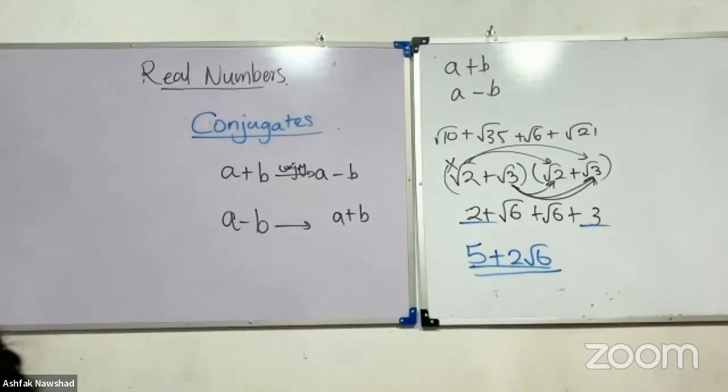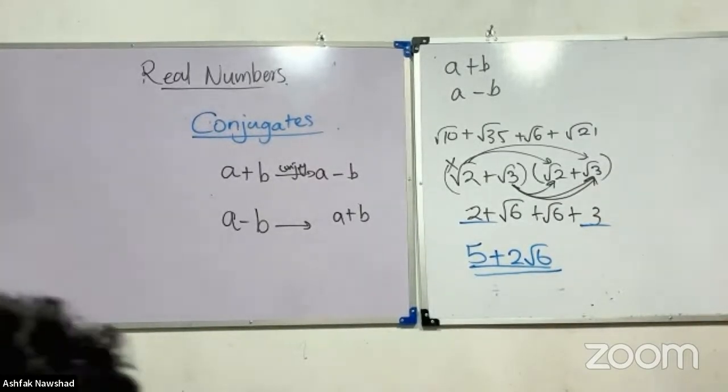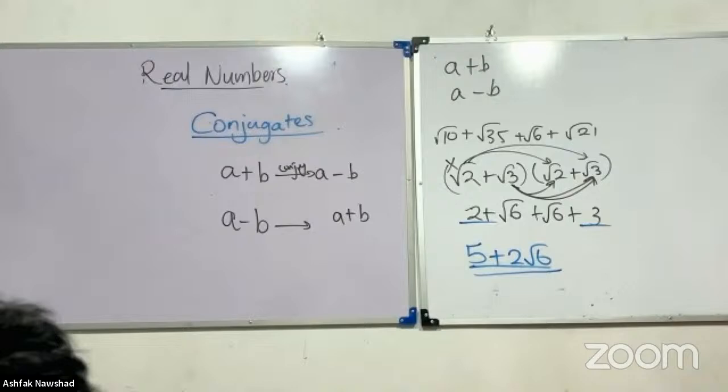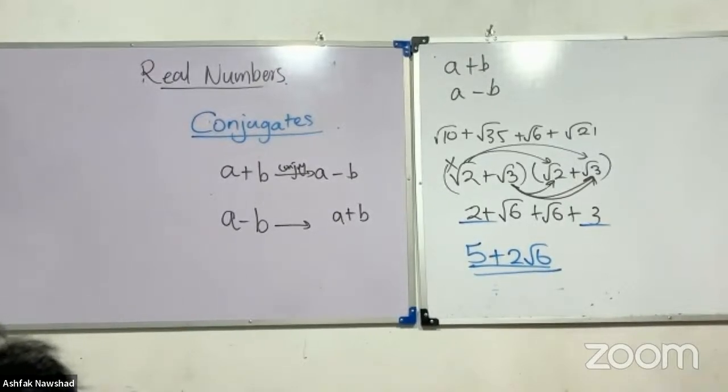When the sign in the middle of a binomial expression is inverted or changed, it generates the conjugate of the original expression.